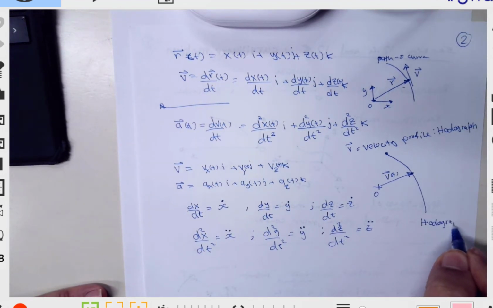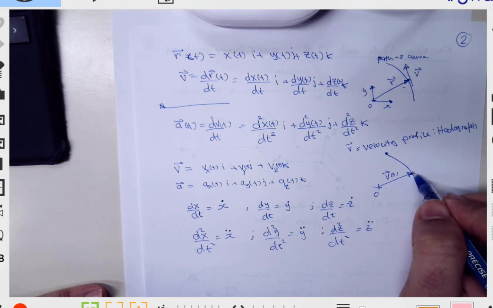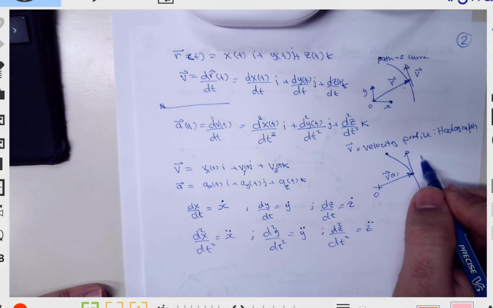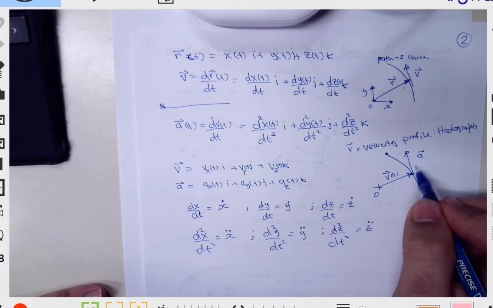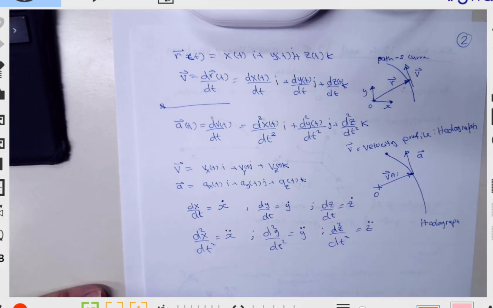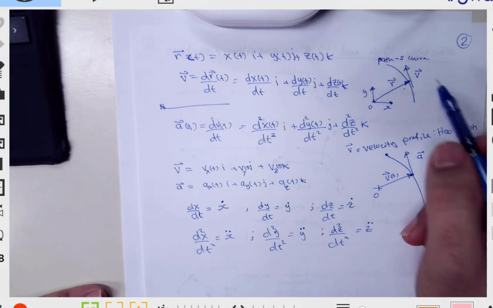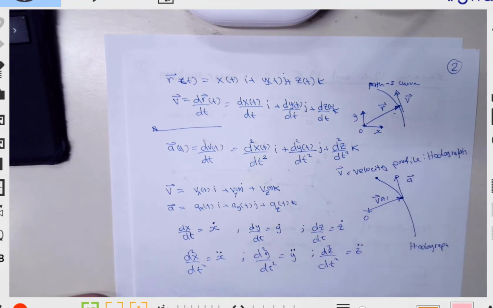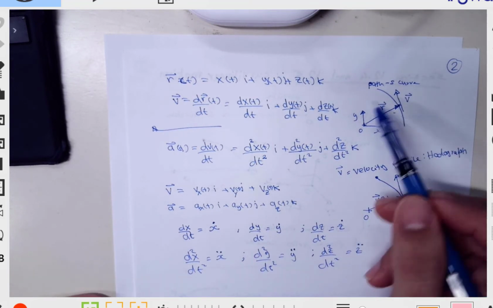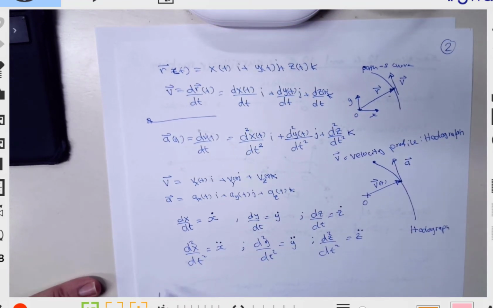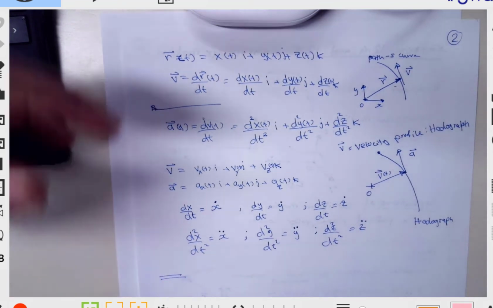Now in the hodograph, we know that the acceleration is tangent to the hodograph, but typically we don't describe the motion of a particle using the velocity profile. Mostly we use the path curve, which describes the position, which means the following.